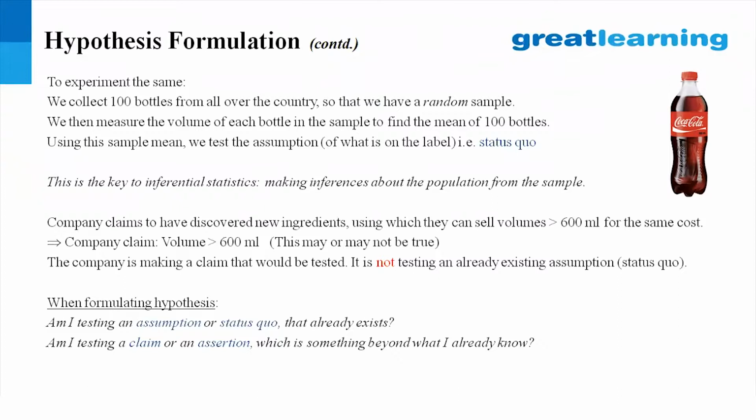So the first case that we saw, where the company mentions that the Coca-Cola bottle contains 600 ml volume, and it has mentioned that on the label. That is the assumption by which all of us live. We all assume that it contains 600 ml. So this is a status quo. What is mentioned on the label, what everybody assumes, is a status quo. It already exists. So you're testing an assumption or a status quo which already exists.